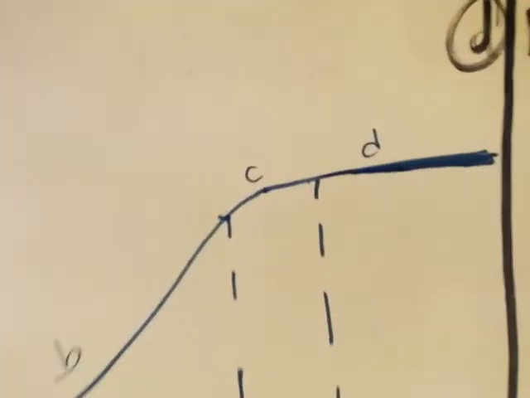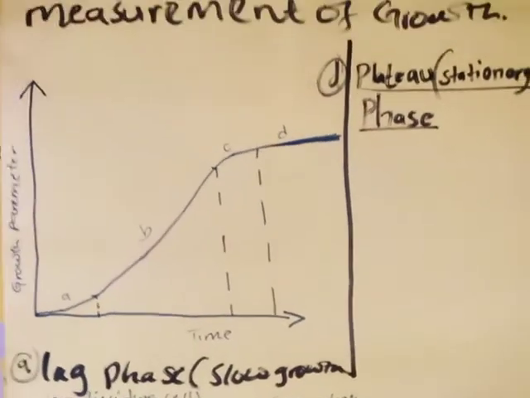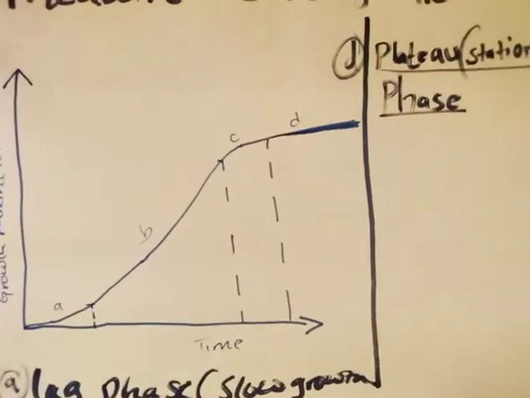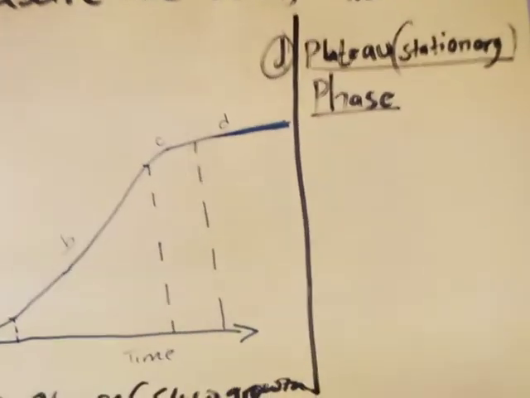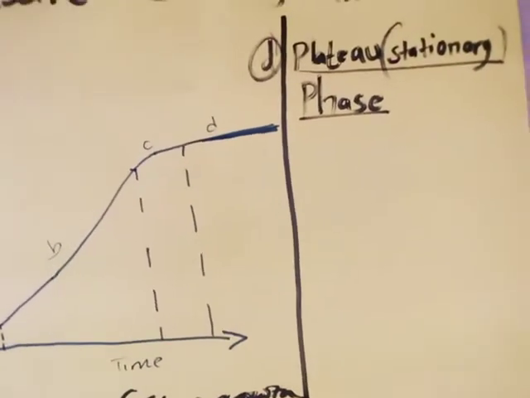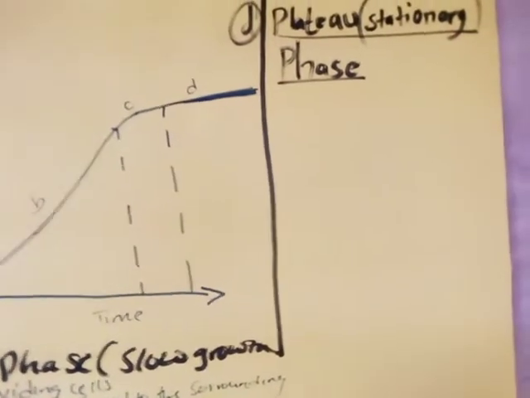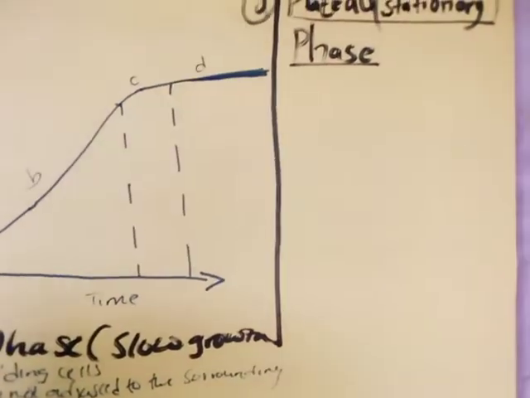Now you realize that the nature of the curve during the plateau phase will always vary, depending on the nature of the parameters in question.